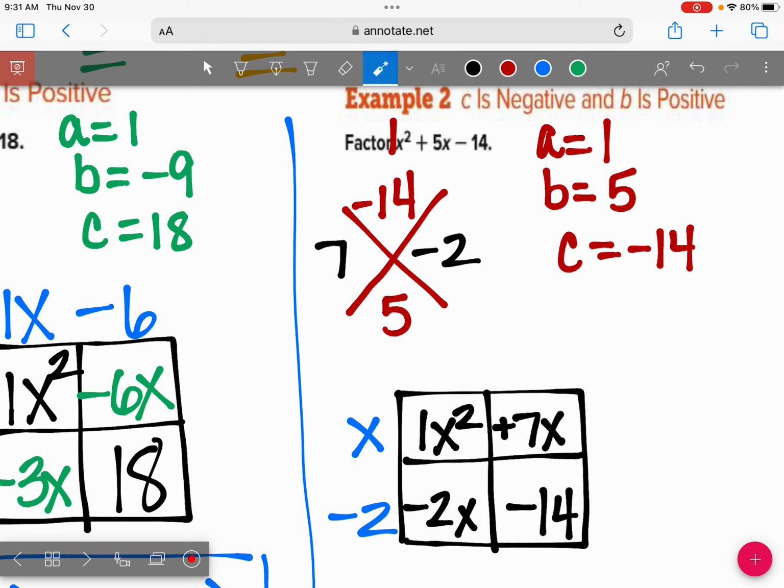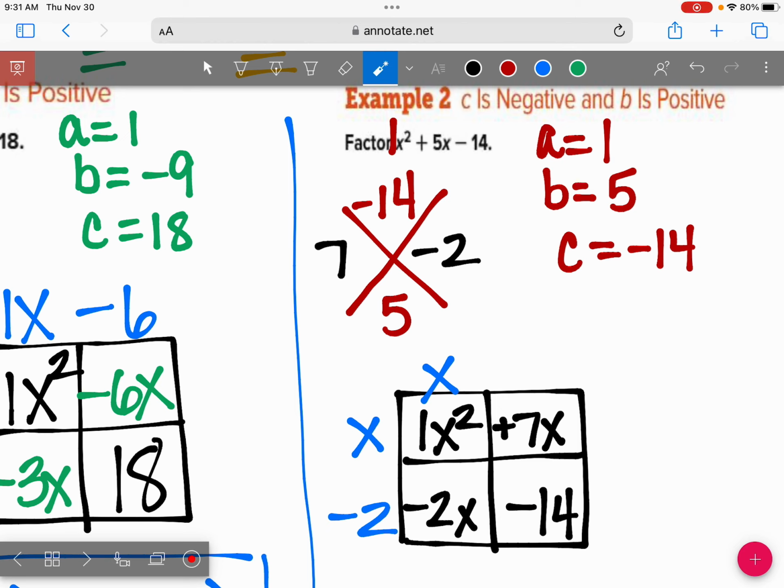The first column, what's my GCF? What do they both have that I can take out? X, 1x, yep. Second column, what do they both have that I can take out? So what number can you think of that will go into 7 and 14?